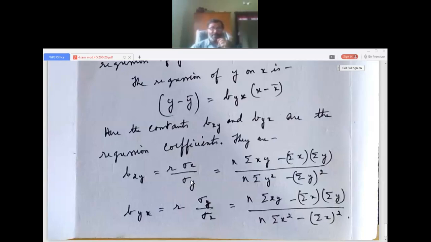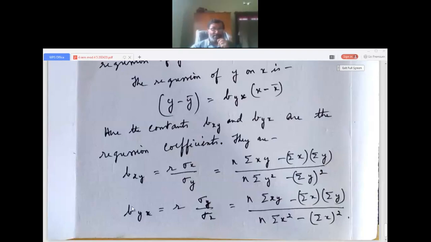Another formula for that, which is not so important, since r into sigma x by sigma y is the very important one, is n into sigma xy minus sigma x into sigma y divided by n sigma y squared minus sigma y whole squared.